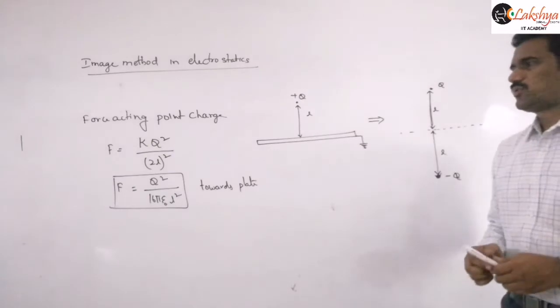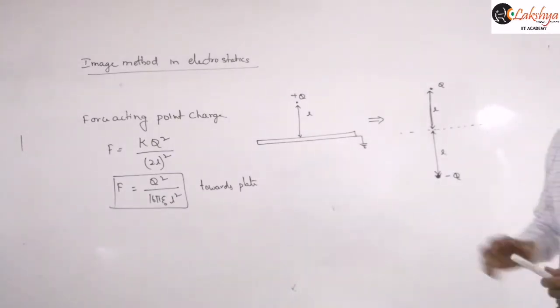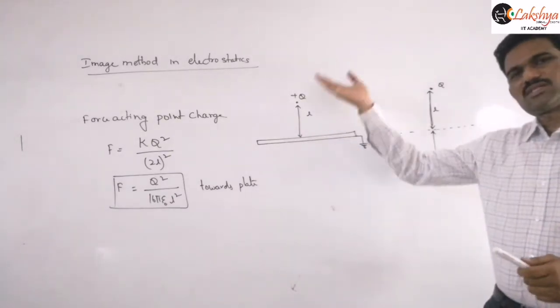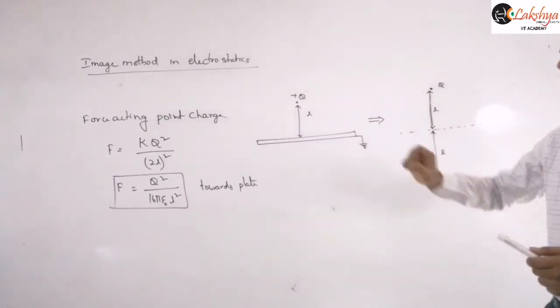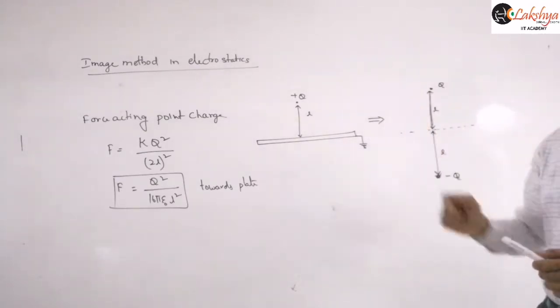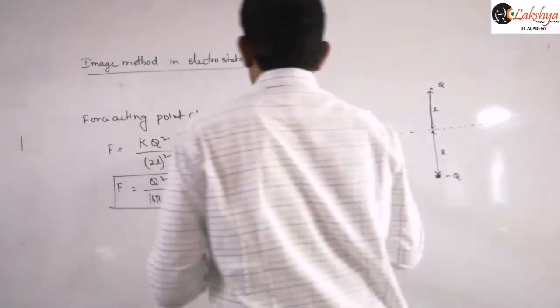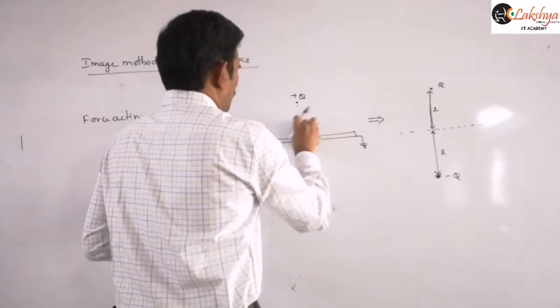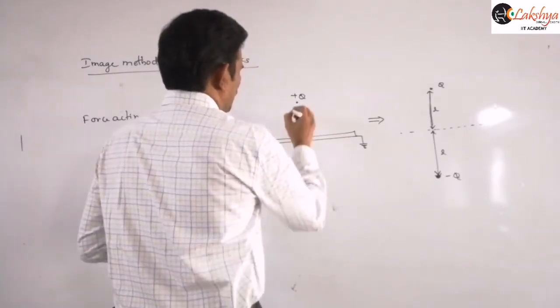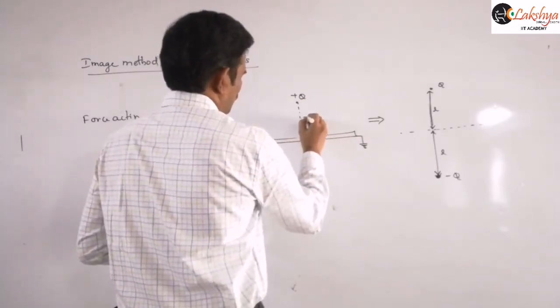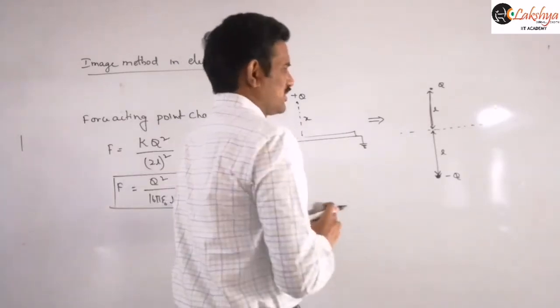So when you are calculating the amount of work done, let us consider we are displacing the charge slowly here. And at any instant, let's suppose x be the distance of the charge now. And then here also the distance will become x.